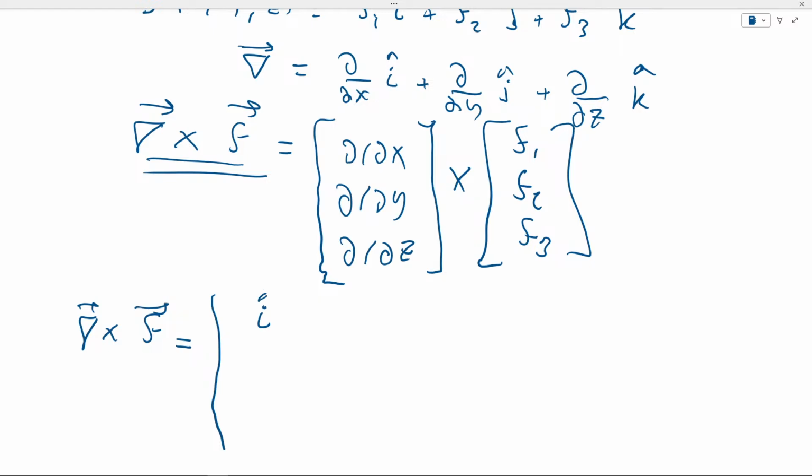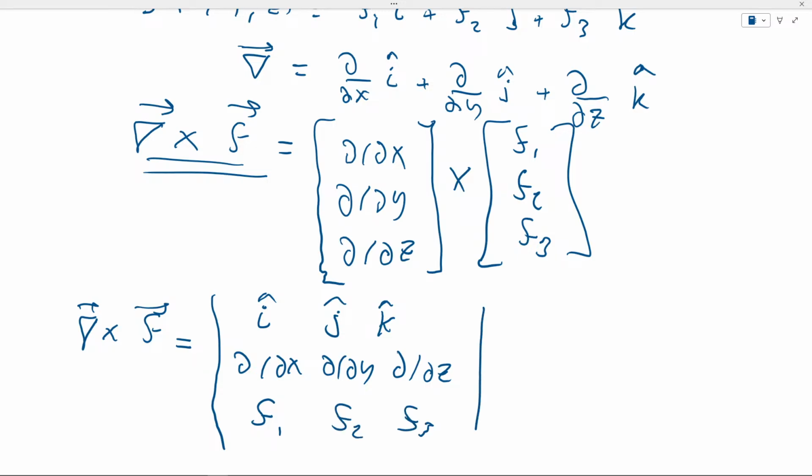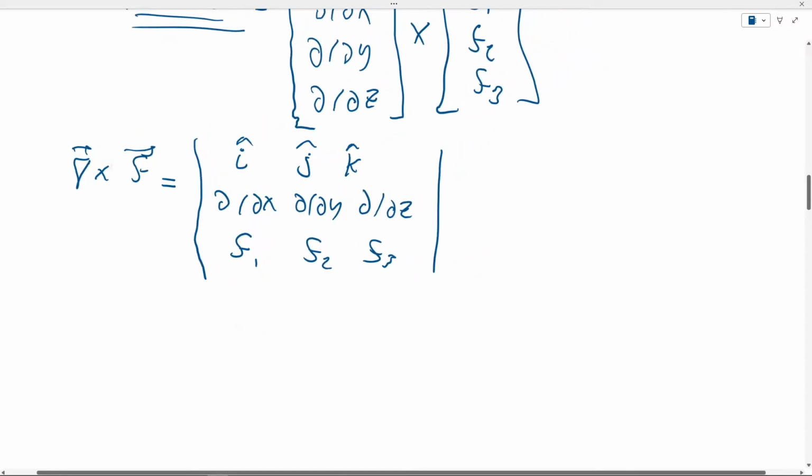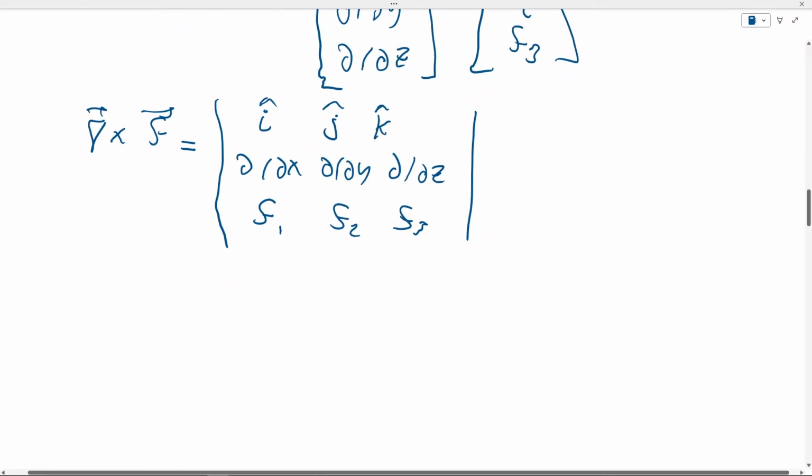You put i, j, k in the first row, then partial x, partial y, partial z, and then your function components F1, F2, and F3.